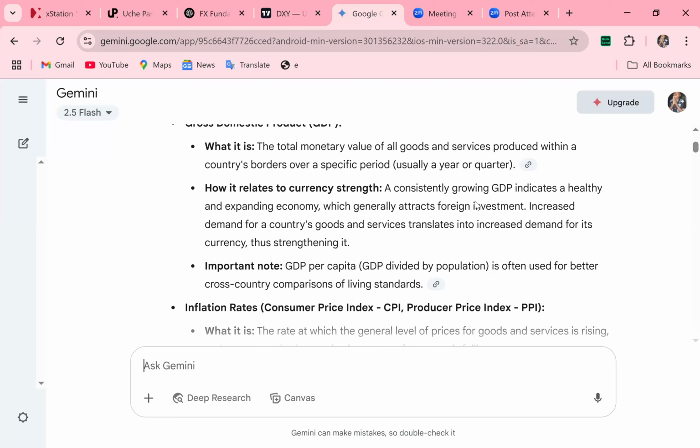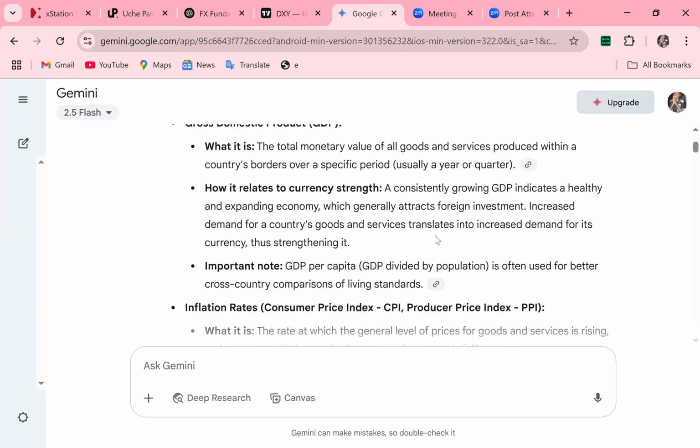A consistently growing GDP indicates a healthy and expanding economy, which generally attracts foreign investment. When the GDP of a country is growing, it also increases demand for the country's goods and services, and that translates into increased demand for its currency, which of course strengthens the currency.